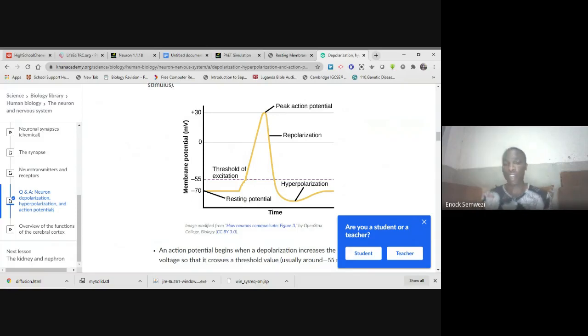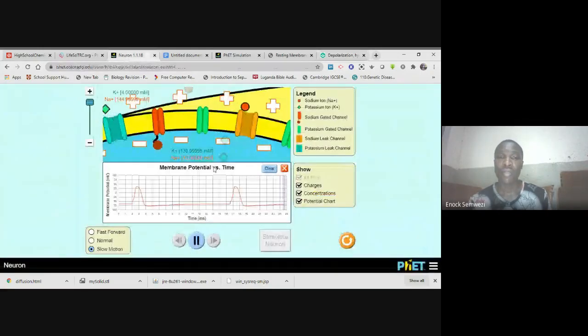However, later on, after a fraction of seconds, they close, and then the sodium potassium pump pumps sodium ions out and potassium back into the membrane in order to restore the membrane potential back to norm. That's what happens during the transmission of an impulse.